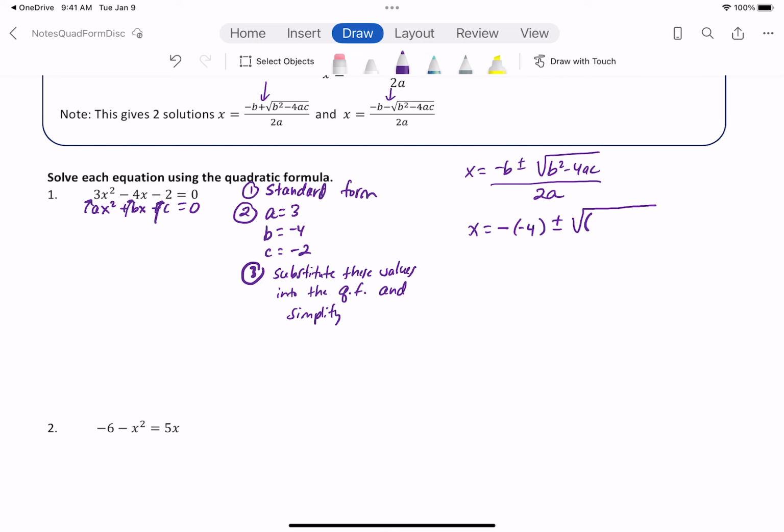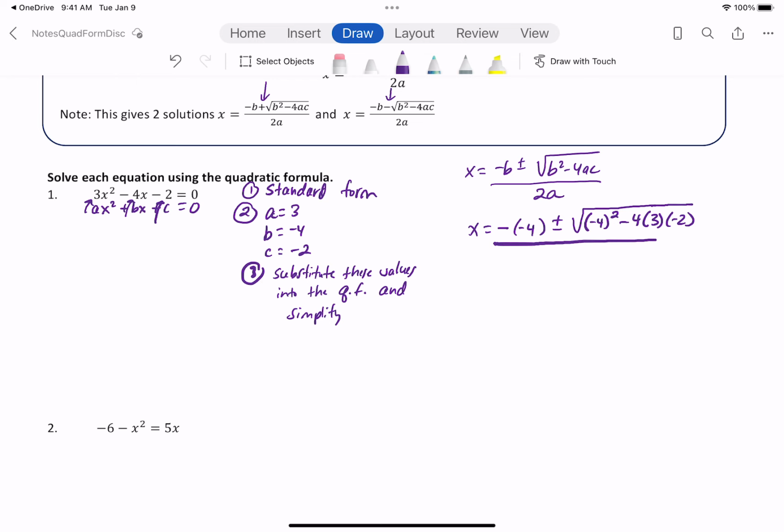When we square this b, we need a parenthesis. b is -4 squared minus 4 times a times c, and you want to make sure that that root extends over that entire expression.